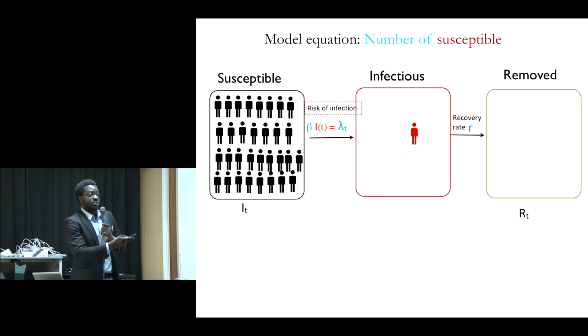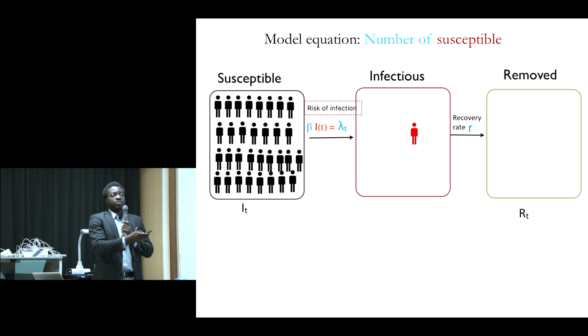So we have our susceptible group, infectious group, removed group. When we want to predict how the number of susceptible changes, we just want to know how many people get out of this box every day, at time plus 1, time plus 2, how many people go outside and how many people remain here.